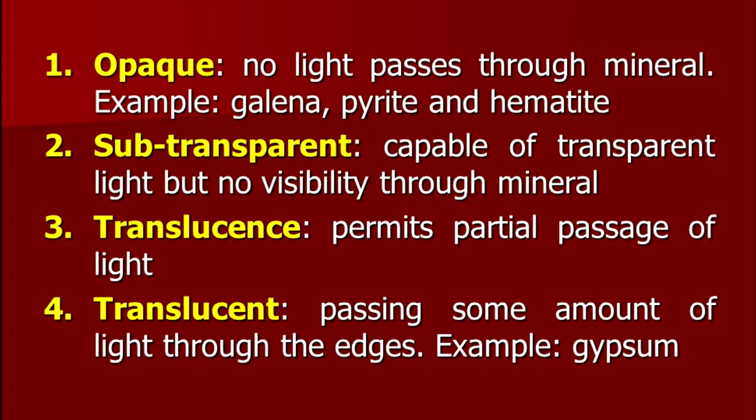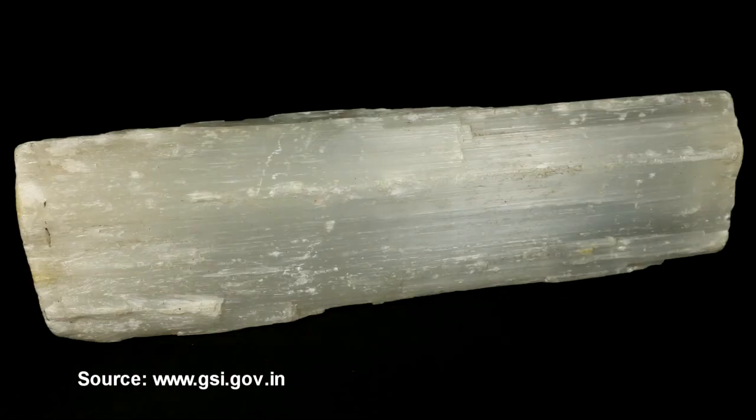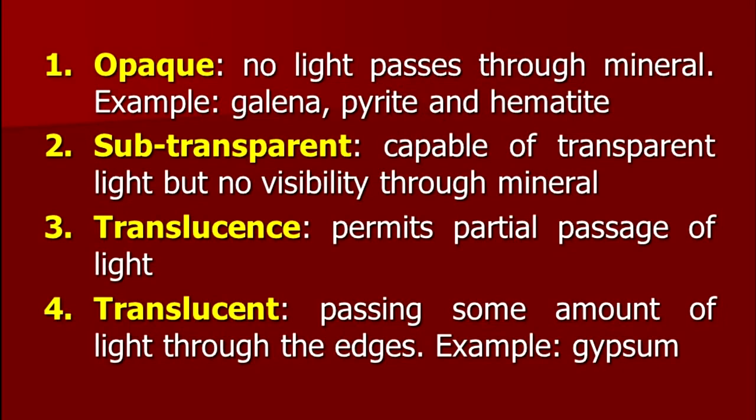Fourth category is translucent, passing some amount of light through the edges. Example is gypsum. So, there are four important categories under which mineral shows transparency: opaque, subtransparent, translucence and translucent minerals. These are the four categories.